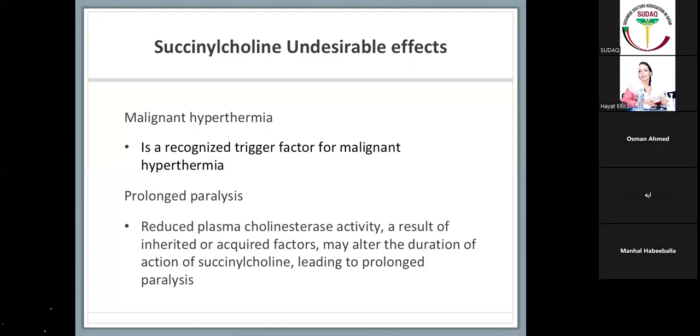Then there is prolonged paralysis, and this will be due to reduced plasma cholinesterase, which breaks down succinylcholine in the blood, as a result of genetic or acquired factors.